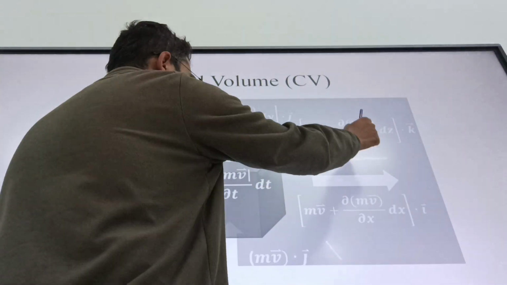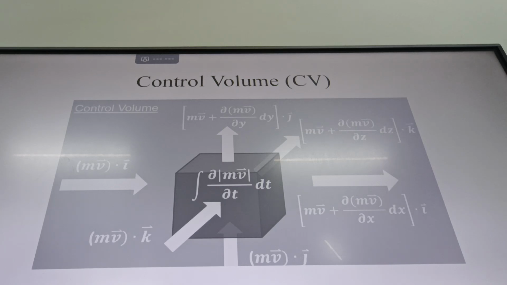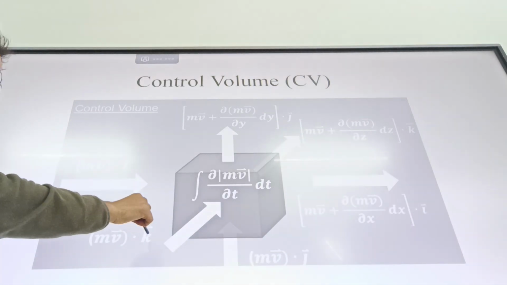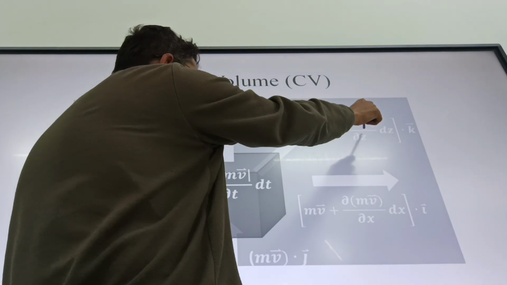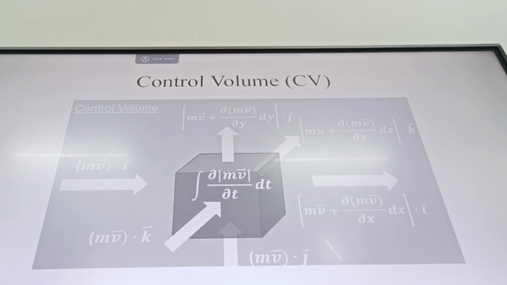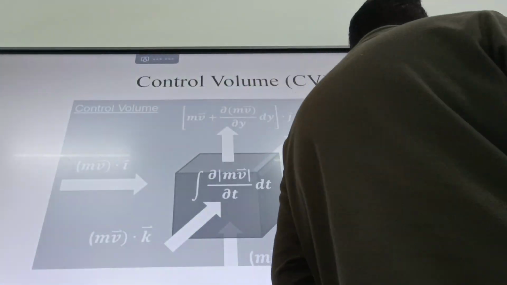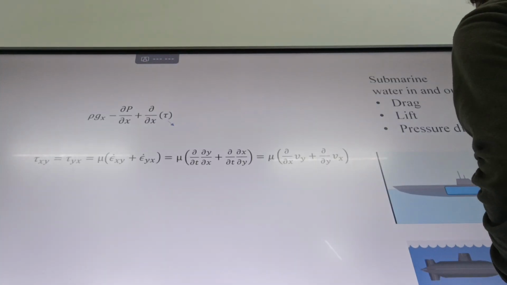The capital D P by dt that I mentioned in the last class on the last slide, the effect of that is, see, mv is getting converted into mv plus d by dz of mv dz, and the same is the case for all the other three. So this is the control volume, where the changes are actually taking place. The application of the control volume is in the case of submarines.